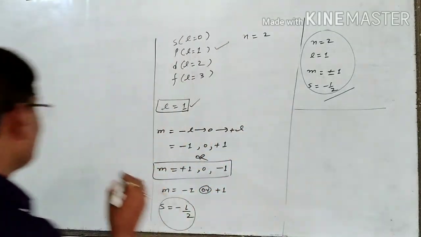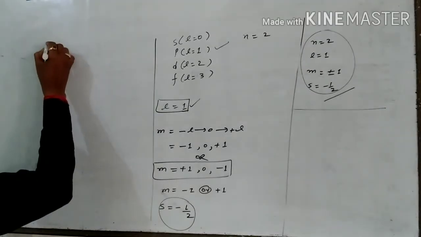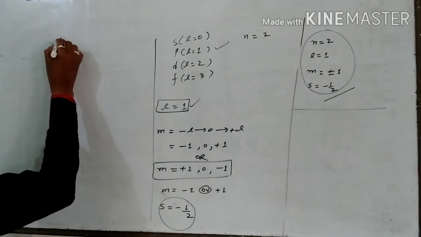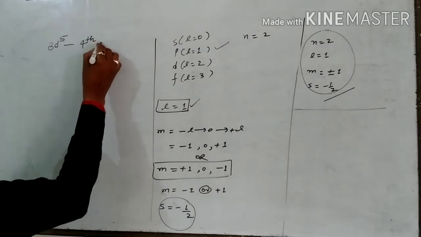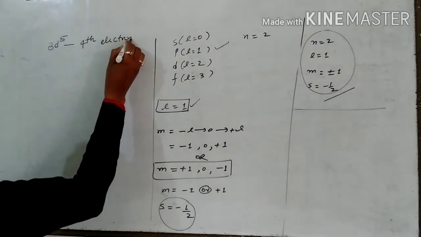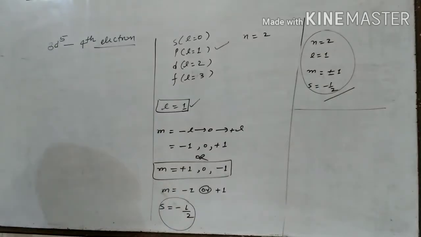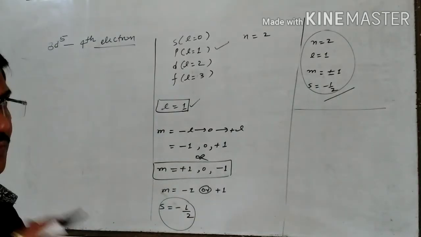See here, suppose given 3d5 and the fourth electron, you have to find quantum numbers for the fourth electron.